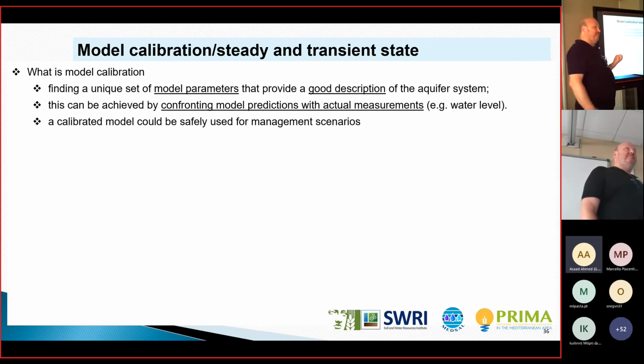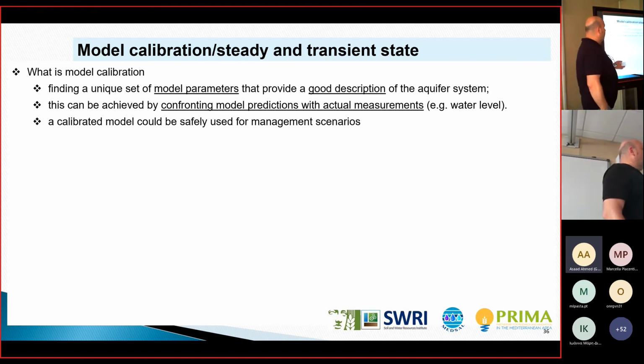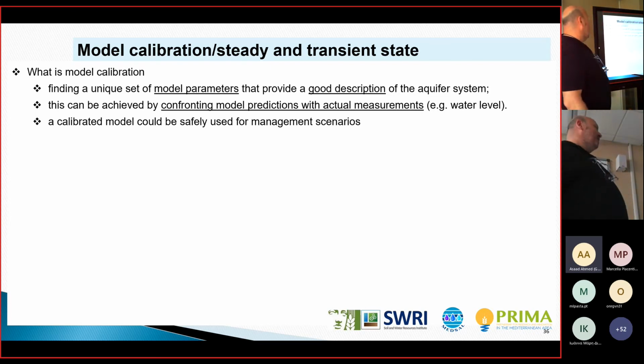We also have the field observations of the aquifer system, which in our case might be water levels, or piezometric head in the confined aquifer, or even salinity. Then we try to find the best set of model parameters so that the results of the model are more or less similar to the observations. A calibrated model can then be used for the management scenarios.